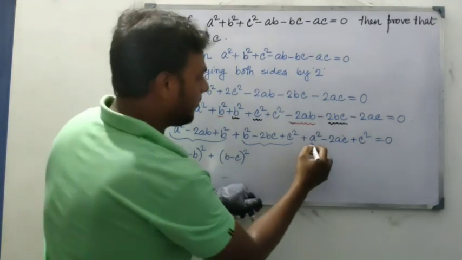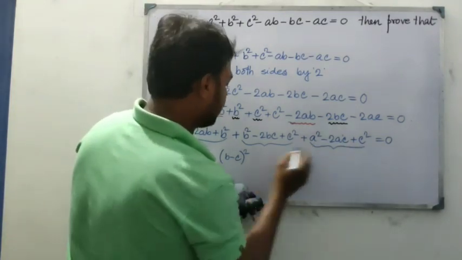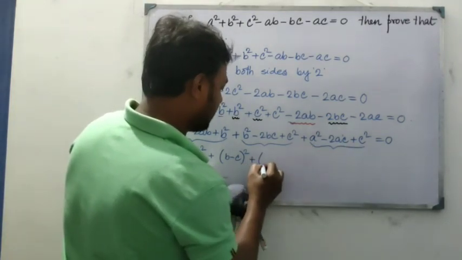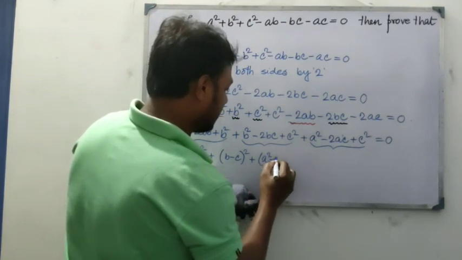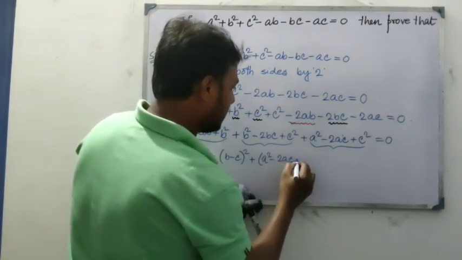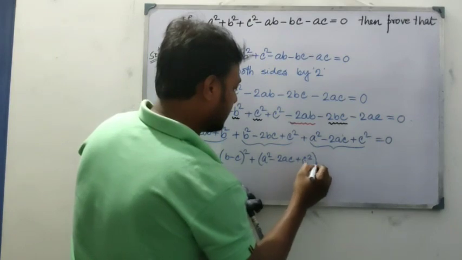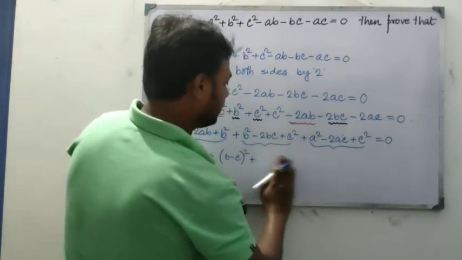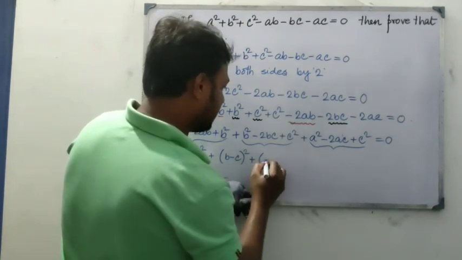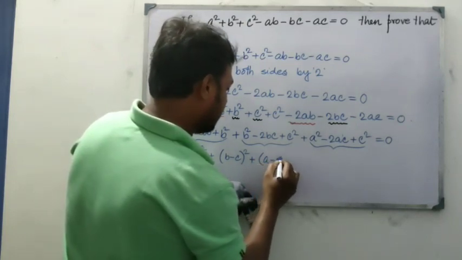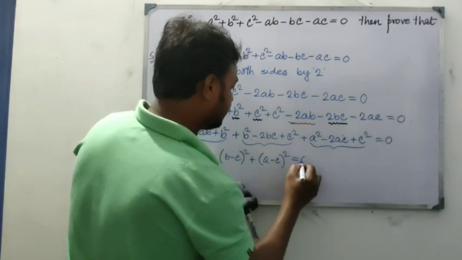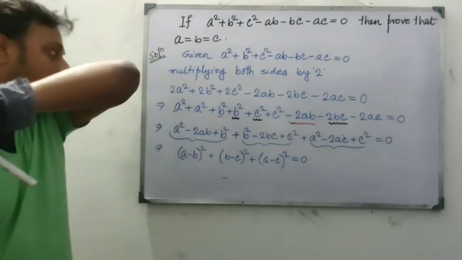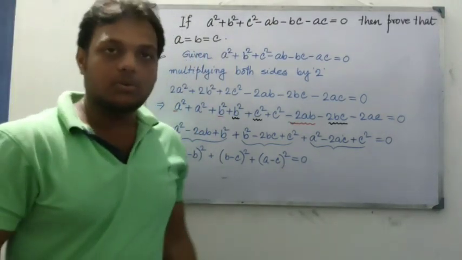And for the third one, minus 2ac plus c square, for the third, we will get a minus c whole square equals to 0. Okay. Next, we have to make the conclusion.